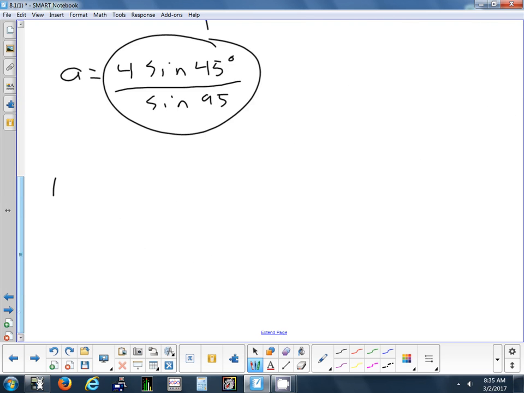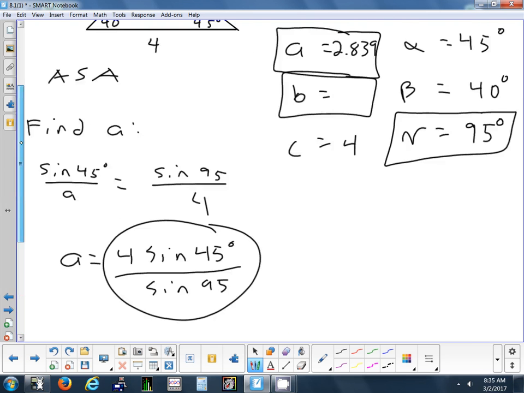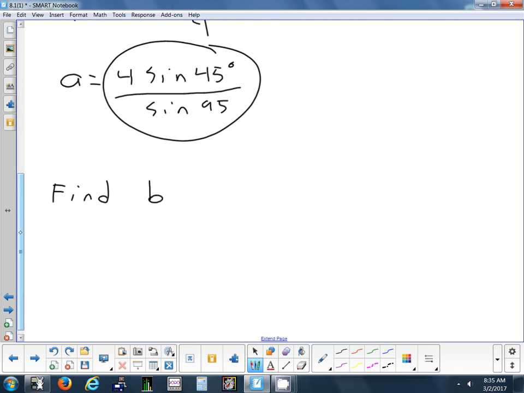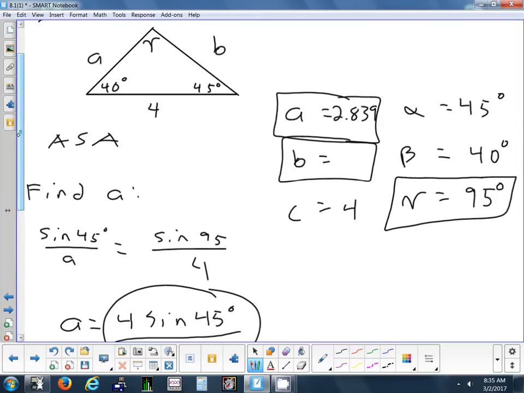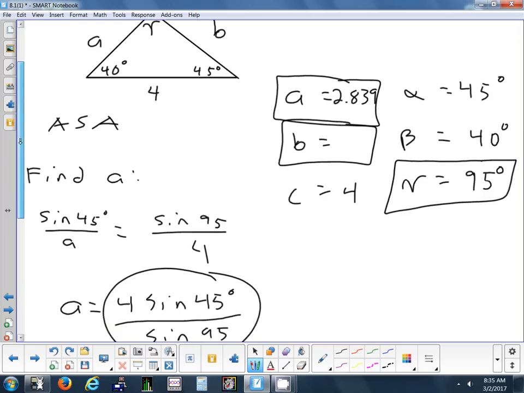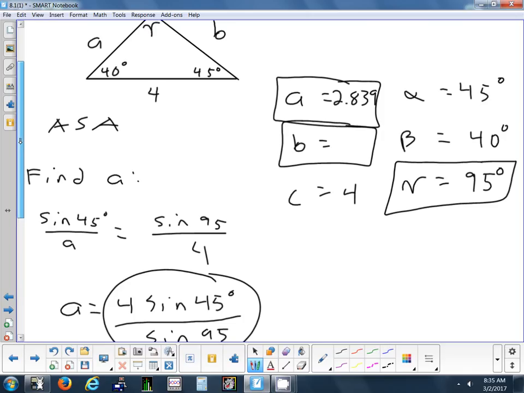All right, so we need to find B. So Ayla, can you set up one side of my proportion to find B? So what rows are you going to use in that table?